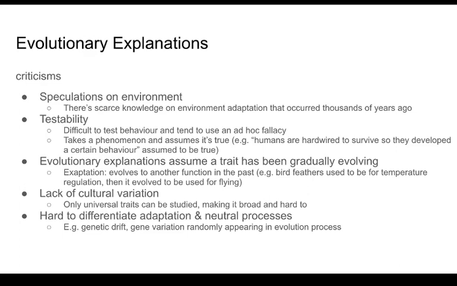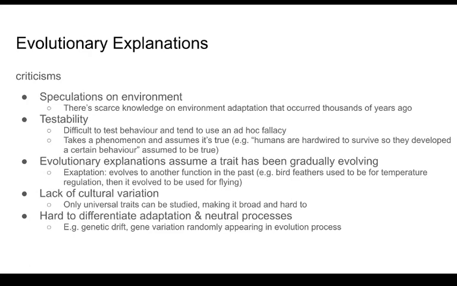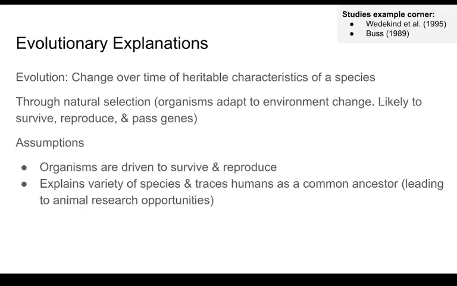However, evolutionary explanation is very interesting in a way that this may be the argument that can tie up all the different biological explanations or sociocultural explanations or cognitive explanations of human behavior, because it tries to explain things in the big picture.